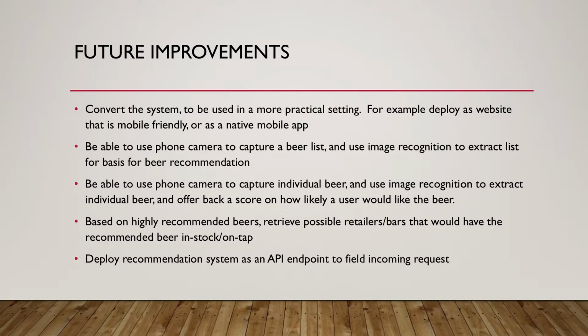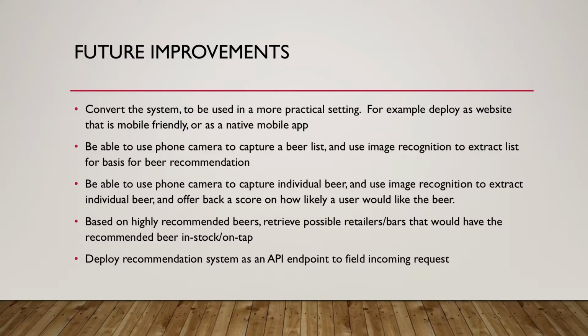And lastly, if I had more time to enhance the app, I would dig more into the actual textual review process to get a bit more accuracy in the beers that were recommended. As I was saying earlier, there were sometimes beers recommended even though they weren't quite an exact fit.